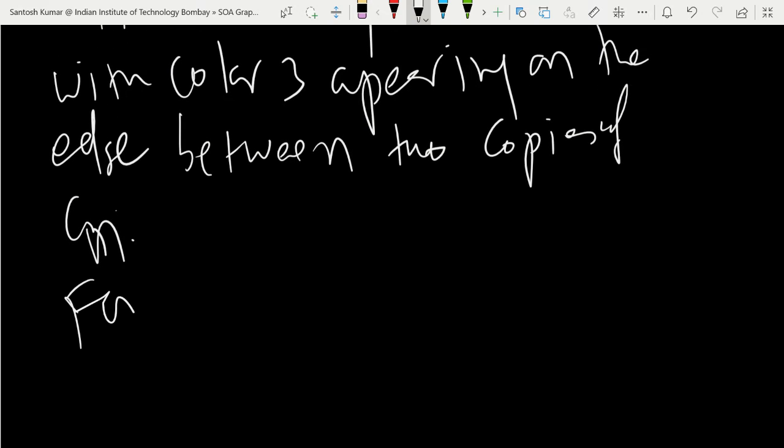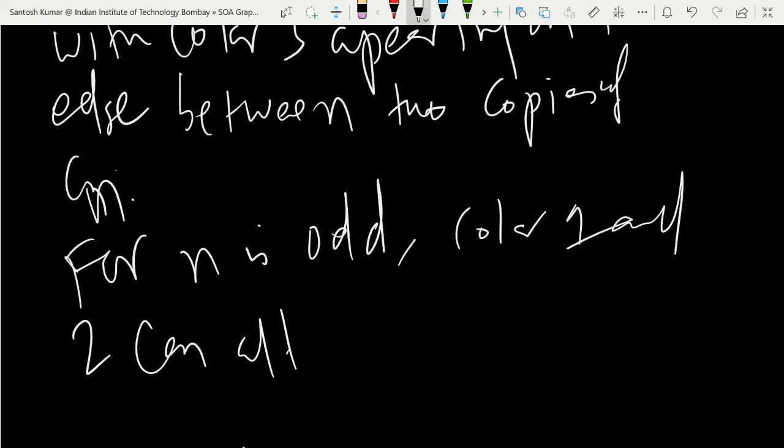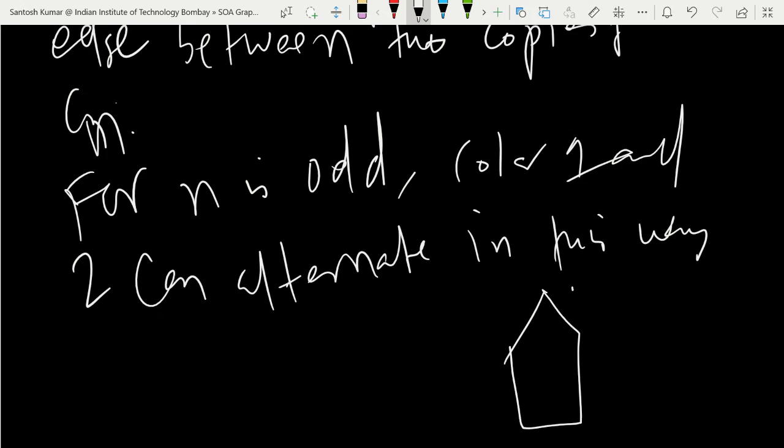Now for n odd, the colors 1 and 2 can alternate in this way. But for C5 you see, when you alternate like 1 2 1 2, here you have to take the third color. Okay, no problem. When you join with something, then you can do that.